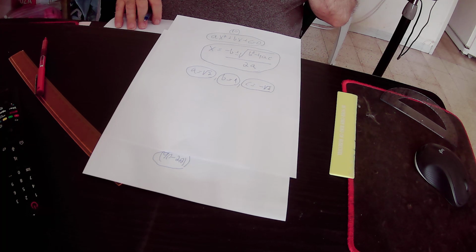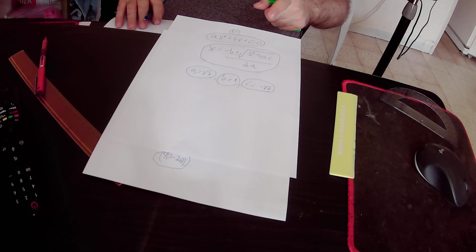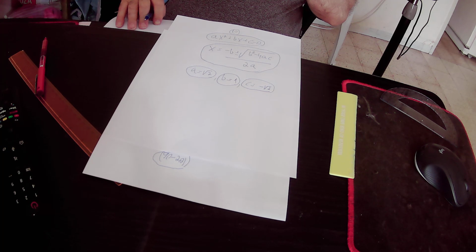So we will substitute a, b, and c in the general solution of the quadratic equation by our specific values, and we will find the value or values of x. You should remember that x equals tangent theta.